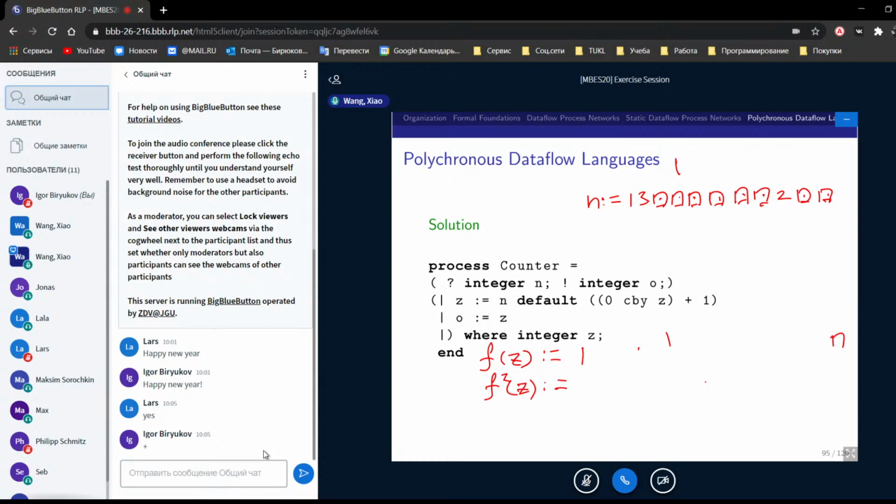We can do it again to check. So 1 here for z, and 0 continued by z is 0, 1, right? And if we shift it is now 1 and 2, but it's n default that, so it's 1, 3.